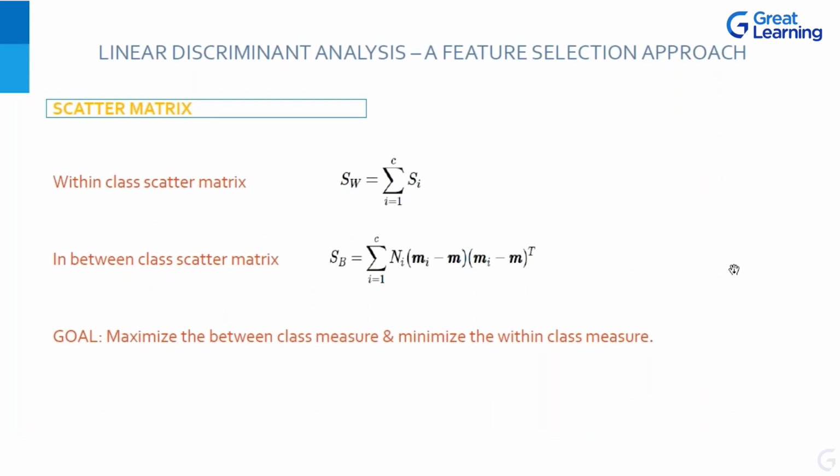So the overall objective of LDA is primarily to maximize the between-class measure and minimize the within-class measure. So the overall objective is to maximize SB minus SW, or minimize SW minus SB. You can frame the optimization problem pretty much the way you want it. It's a simple OR issue.